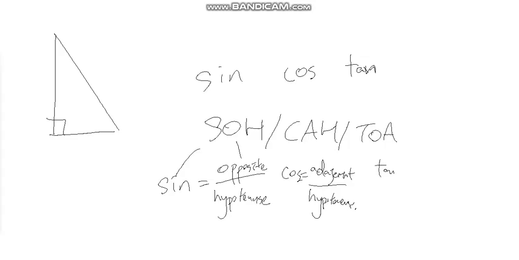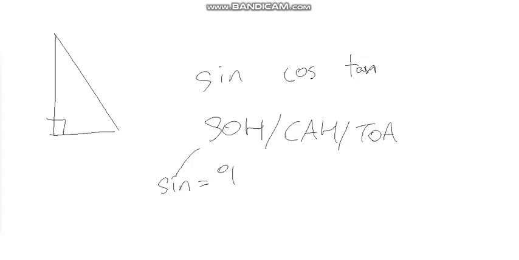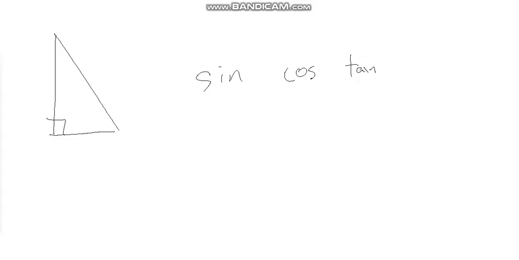This would be tangent equals opposite over adjacent. I hope that's how you spell adjacent. You might want to check that later. If you have this memorized, solving these questions will be super easy, trust me.